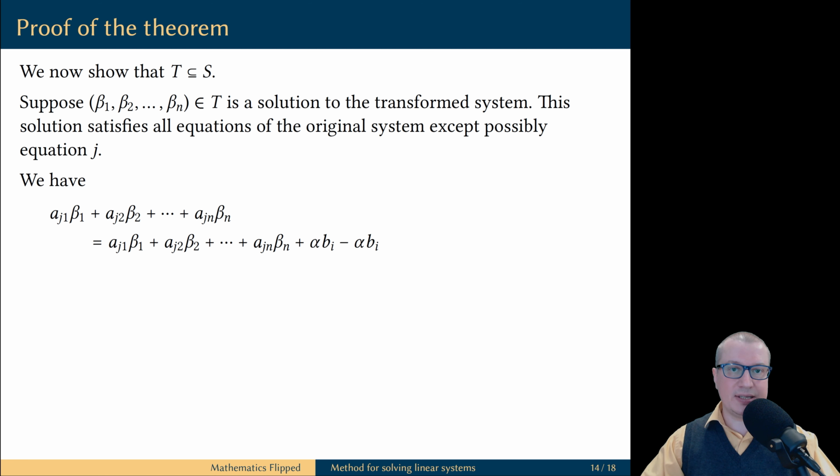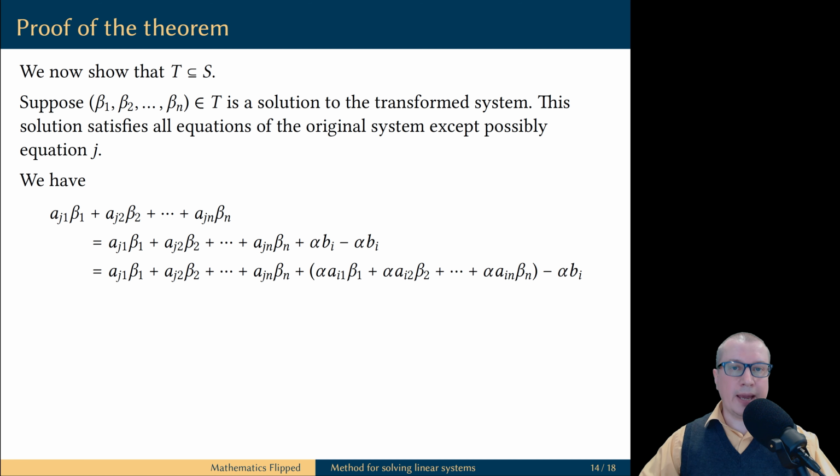I'm going to add 0 to that expression. Of course, by adding 0, I do not change the value of the expression, but I'm going to represent this 0 in a tricky way. I'm going to represent this 0 as alpha bi minus alpha bi. Next, I'm going to replace the first copy of alpha bi with that big term in parentheses.